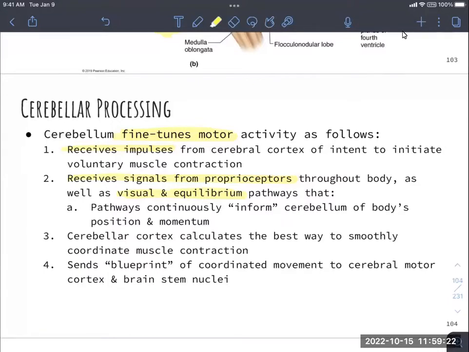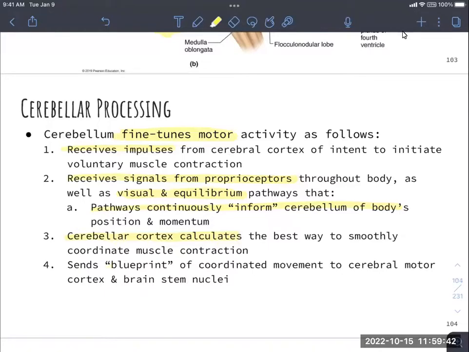And these pathways are constantly telling your cerebellum, this is what's happening with your body at this very second. Your cerebellum actually coordinates. It figures out the best way to make your muscles work correctly.